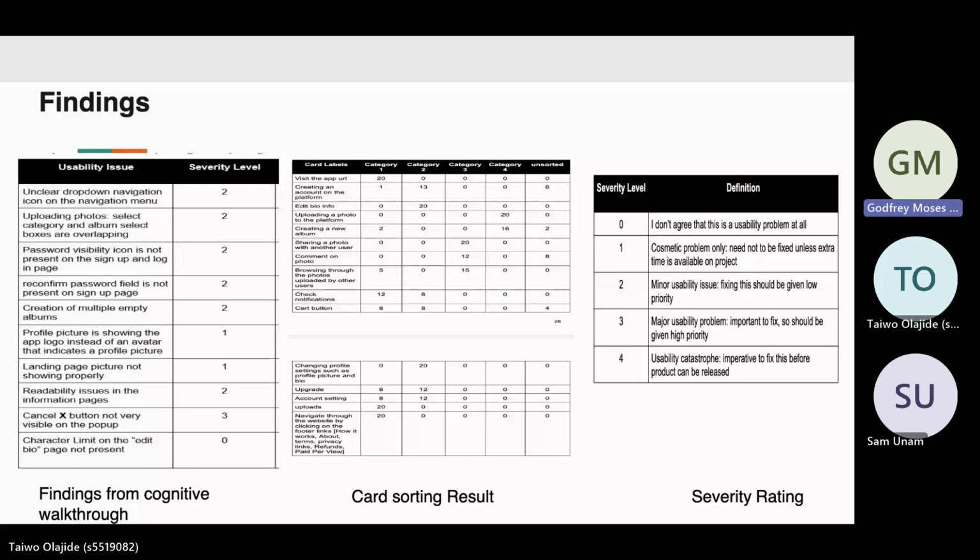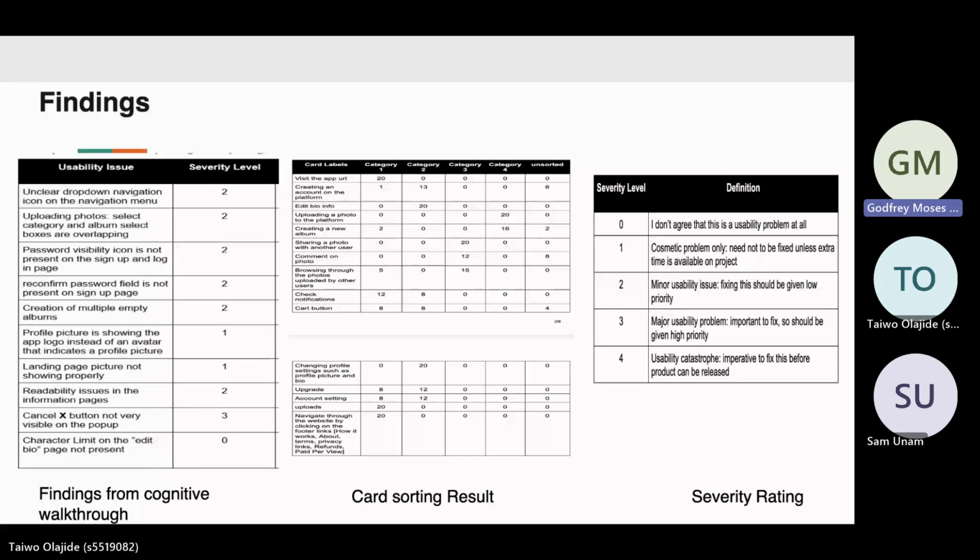In terms of our findings, some of the usability issues we discovered were an unclear drop-down navigation icon on the navigation menu, and issues with uploading of photos and selecting of categories and albums. Some of the select boxes were overlapping. The password visibility icon was not present for users to confirm password when signing up.